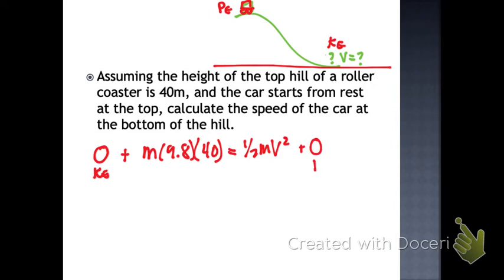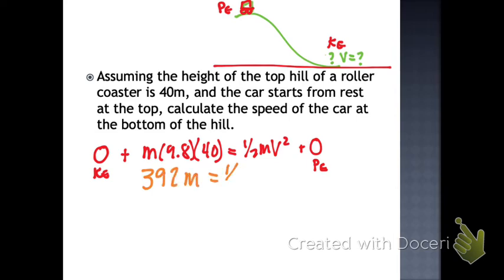Like I said, I like to put in the zeros so I know I've accounted for all the terms, but you don't necessarily have to do that. Again, our m's are left in there, so 9.8 times 40 gives me 392 m equals 1/2 mv squared.